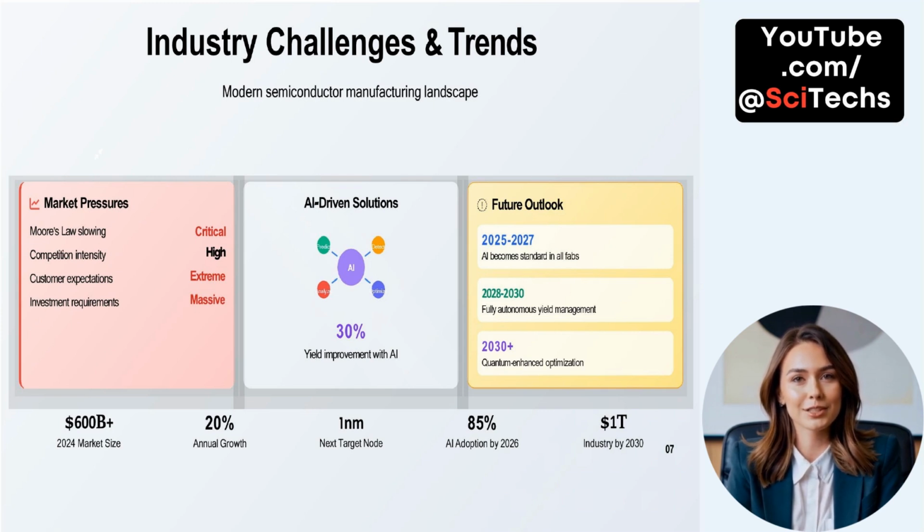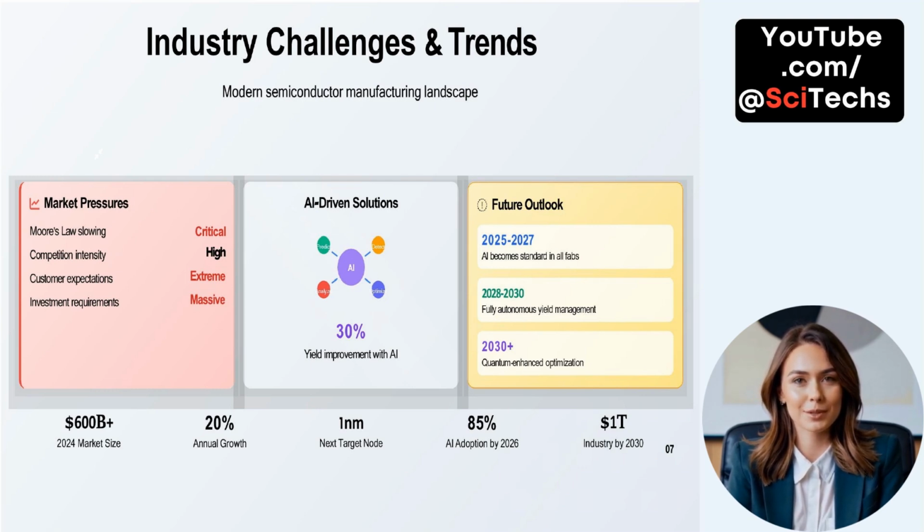AI technologies can predict, detect, analyze, and optimize manufacturing processes, resulting in a 30% improvement in yield. Looking forward, between 2025 and 2027, AI is expected to become standard across all fabs. From 2028 to 2030, fabs aim to achieve fully autonomous yield management.